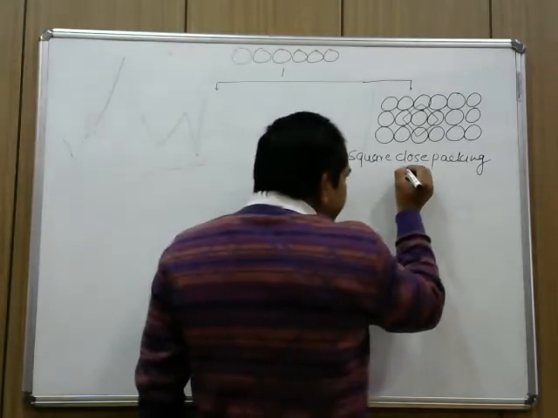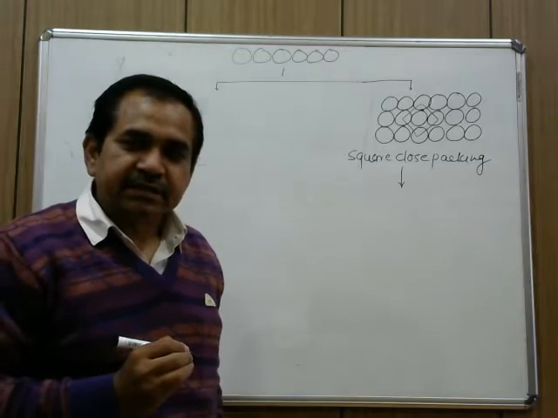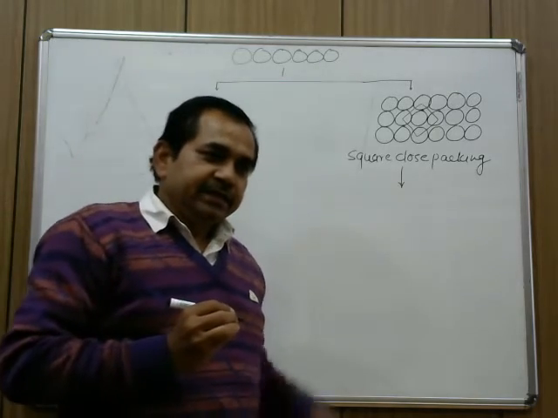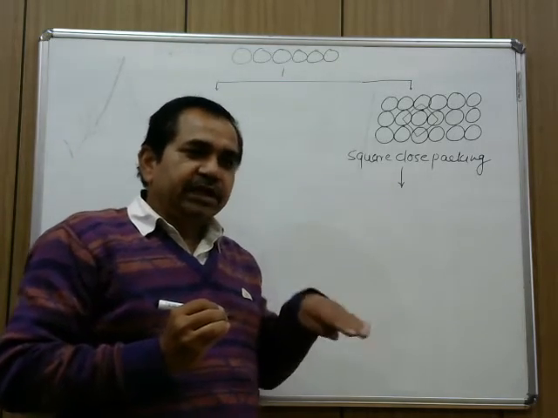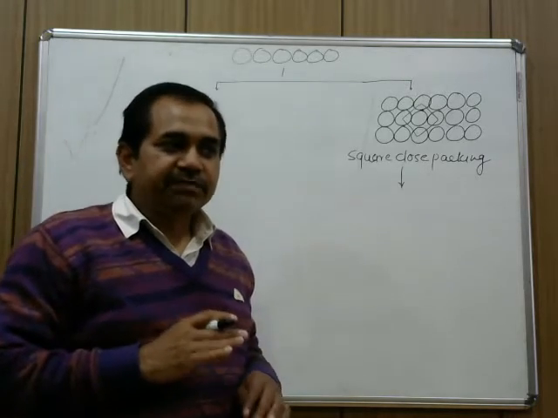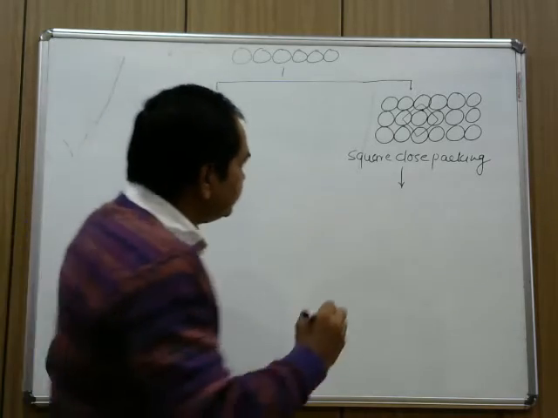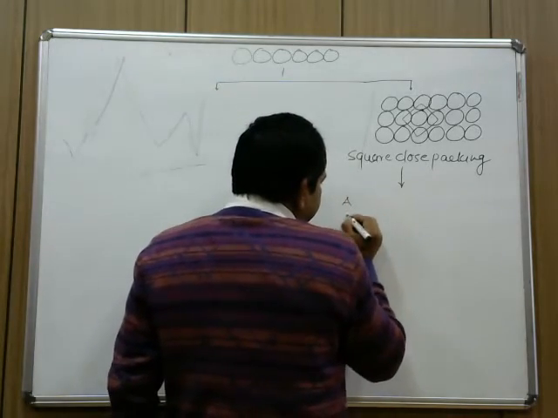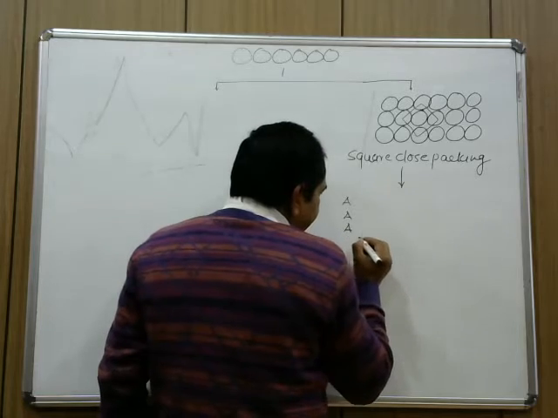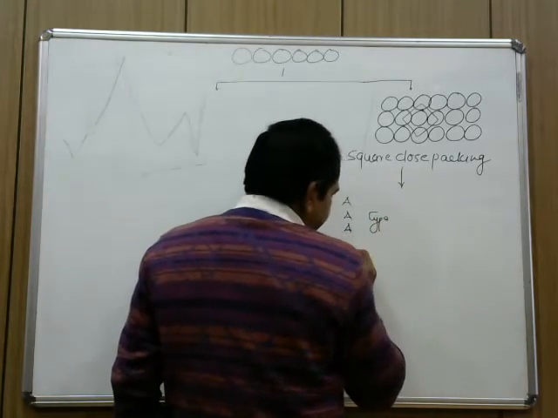Now when this square close packing is extended to 3 dimensions, then the second row, third row, fourth row, all the rows are in perfect alignment with the first row, and that is how an AAA type packing is observed.